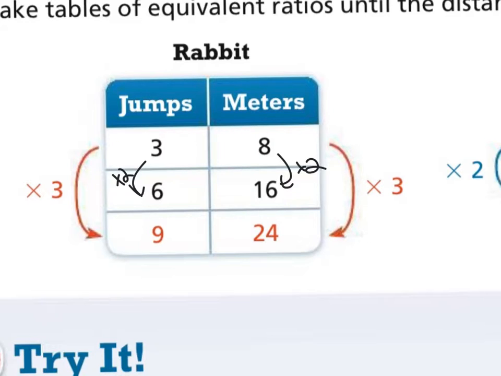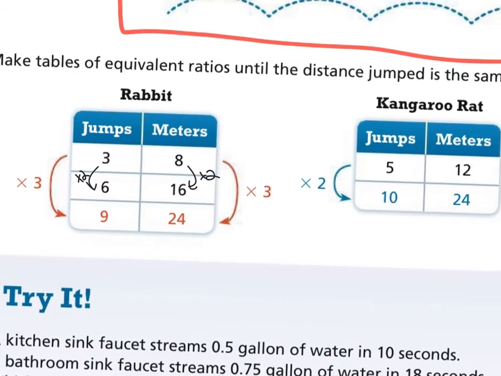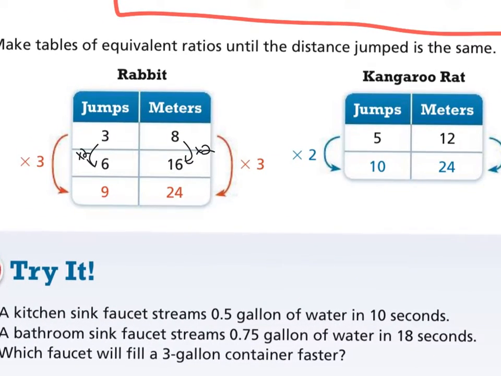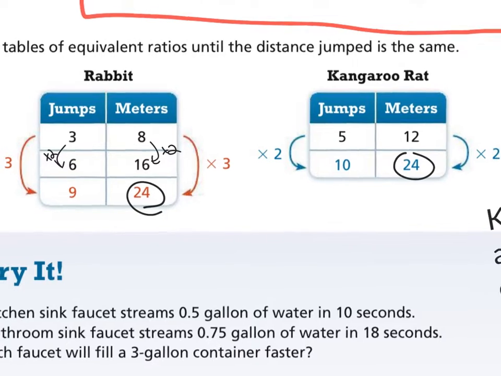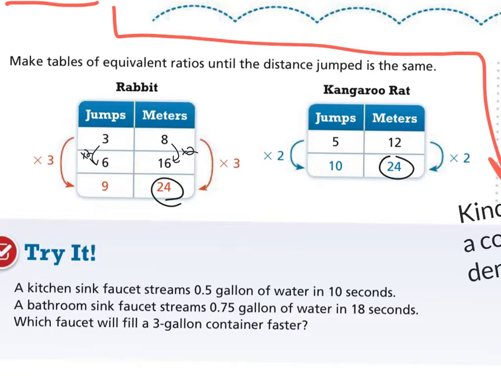If we go back to the original numbers, 3 times that amount, 9 jumps would be 24 meters. And then we can do the same idea with the kangaroo rat. So if we double both of those, 5 jumps for 12 meters, we double both of those, 10 jumps was 24 meters. If you'll notice, we have a winner here. Both of these are 24 meters. We've got the same distance, but if you'll notice, the rabbit took 9 jumps, the kangaroo rat took 10 jumps.